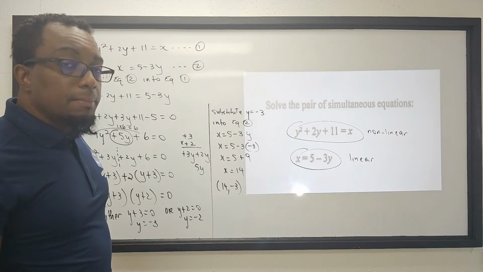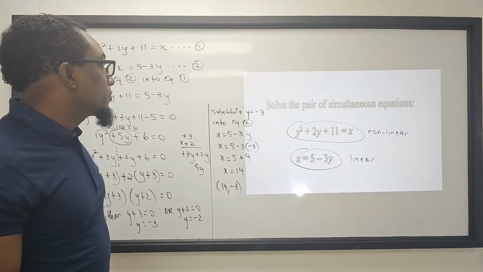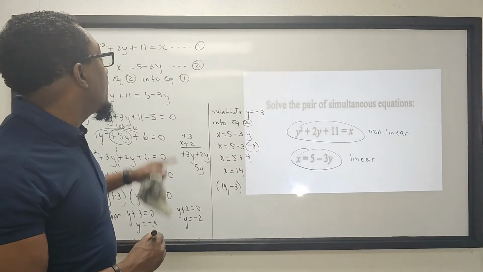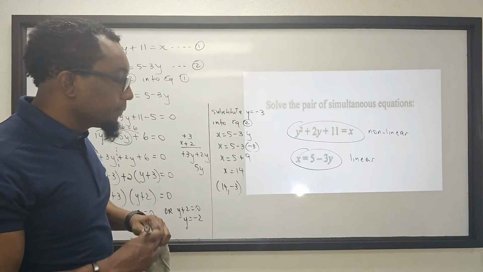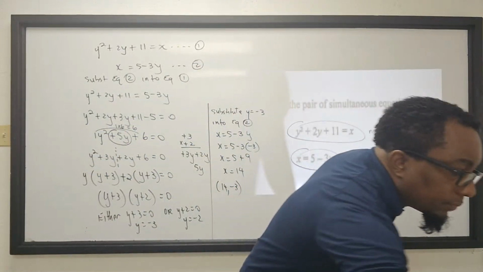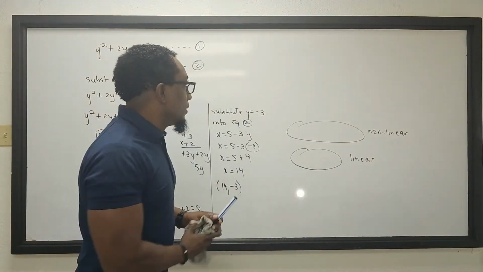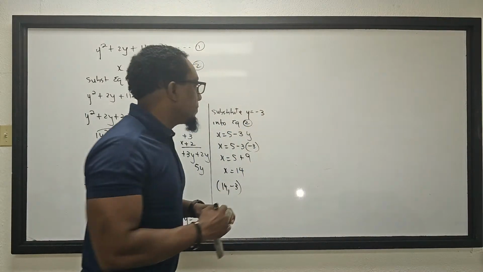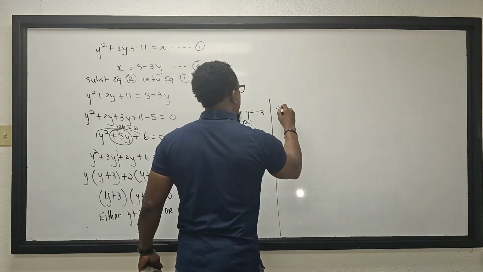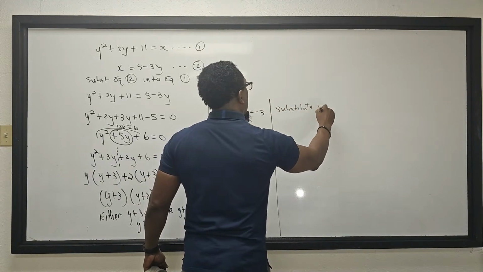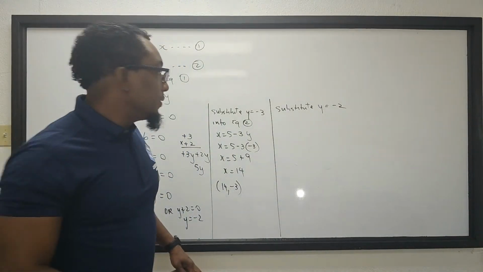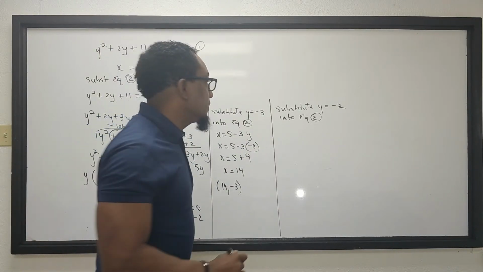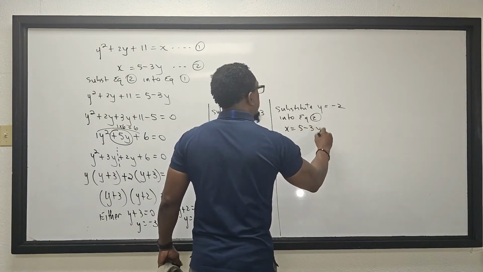Let us get the second point of intersection. So what am I going to do? I'm going to substitute y equal to negative 2 into my linear equation, equation 2. In equation 2, we have x is equal to 5 subtract 3y.